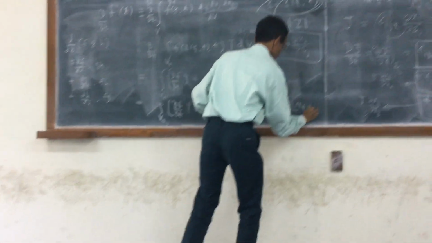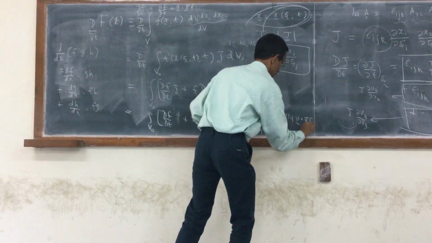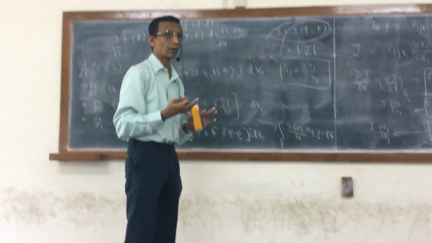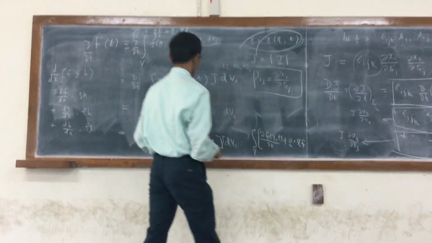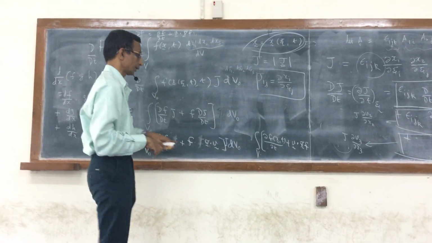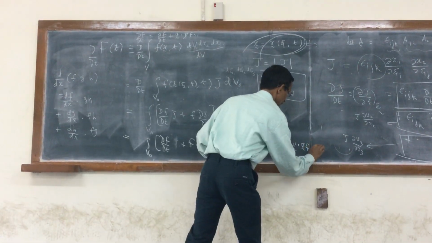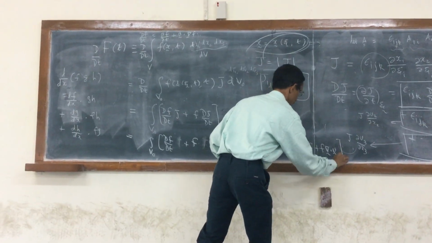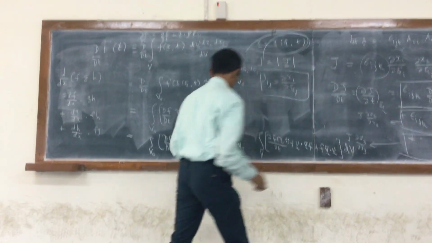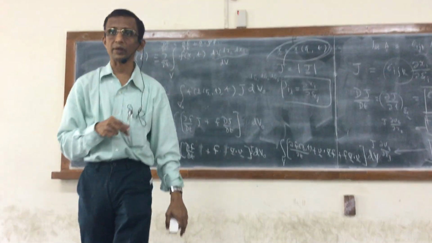So, of course, the gradient of f is automatically expressed in terms of the spatial coordinates. No need for transformation. That is what I get, plus f times div v dB. So the J dB naught is converted back to dB.